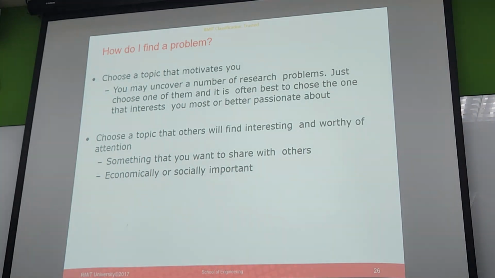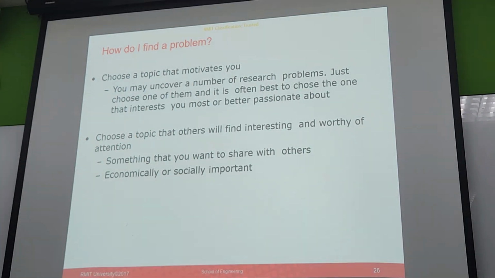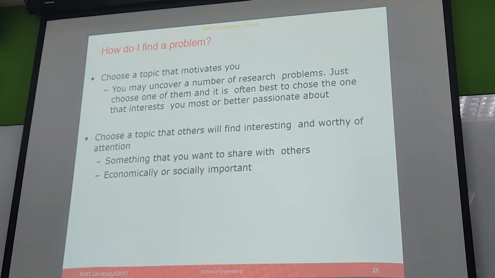So it is very important that the topic should interest you, and be a topic you like to use. It should also have economic or social importance. If your work is not important for society, why do you do that?